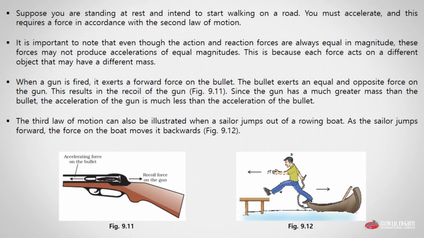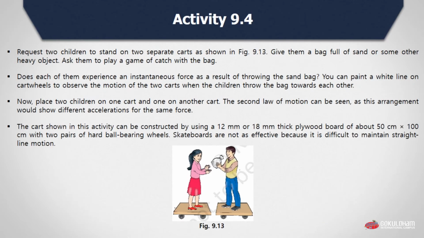Since the gun has much greater mass than the bullet, the acceleration of the gun is much less than the acceleration of the bullet. The third law of motion can also be illustrated when a sailor jumps from a rowing boat. As the sailor jumps forward, the force on the boat will move the boat backwards, as you can see in figure 9.12.